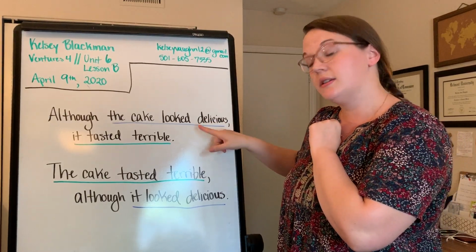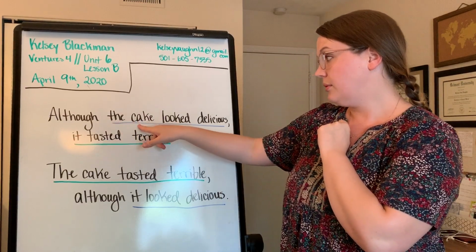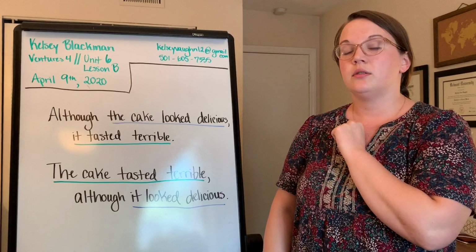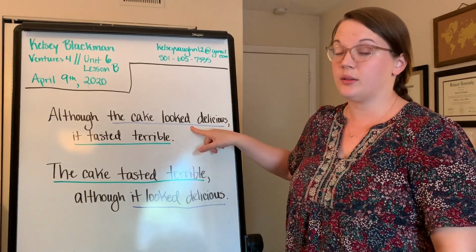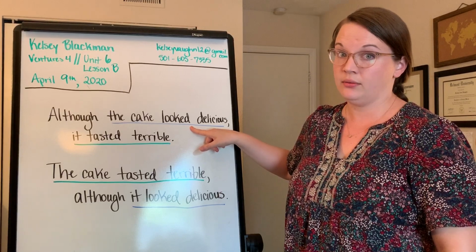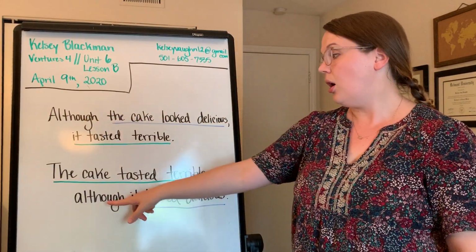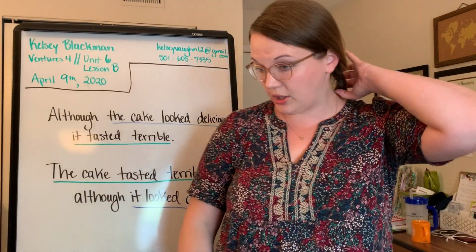The cake looked delicious, although the cake looked delicious, although it looked delicious. So although always goes with the not surprising information. Okay? Whether it's at the beginning or in the middle, always put although with the not surprising information.